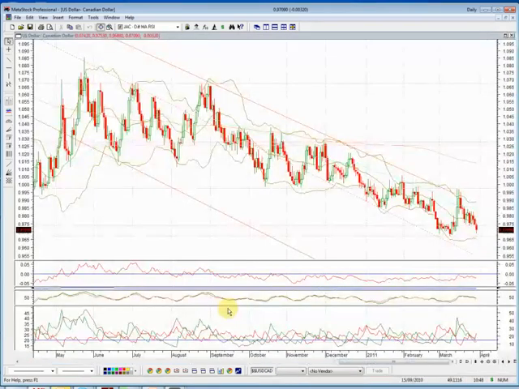Let's take a look at the US dollar Canadian pair, and here we have a clear downtrend. I was mentioning last week that my expectation was for the market to trade lower and maybe move sideways when reaching that region, and if we break lower, we will then find support at that downward trend line here.